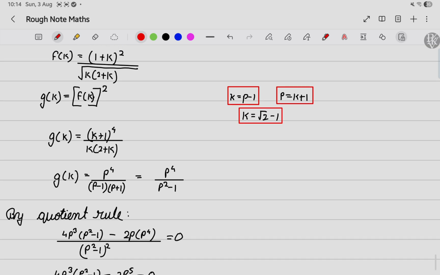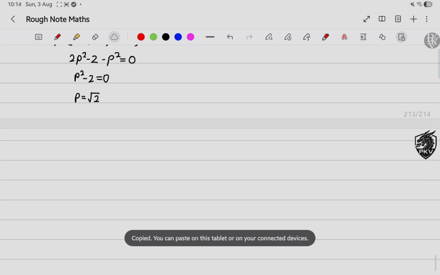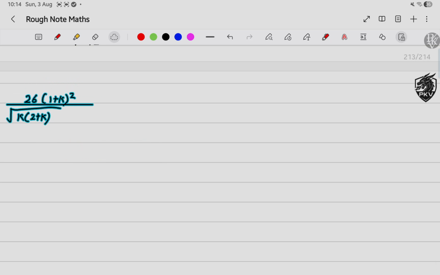Now remember that we had this. If I substitute the value of k, I will get t square times 1 plus k the whole square, which is what they asked us to find. So I'm going to just take this down here and substitute the value of k.